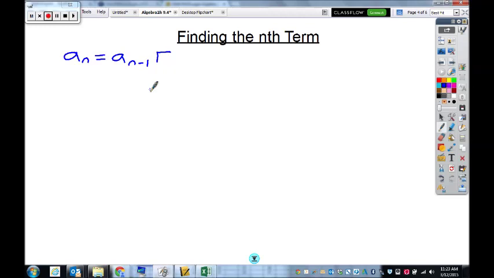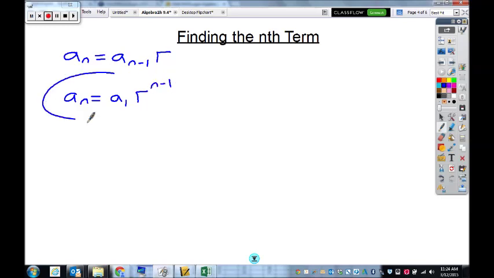Okay. Now, that is a specific one if I'm using this one. I can also change this to say a sub n equals a sub 1 times r to the n minus 1.